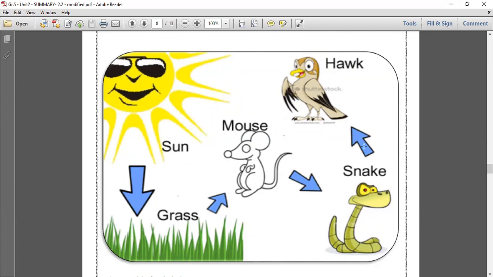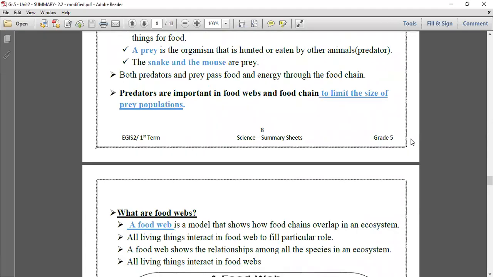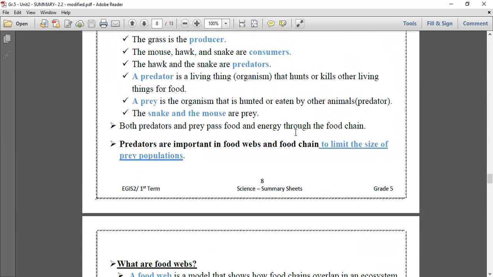But the presence of a hawk in this ecosystem helps in reducing the number of snakes to keep the number of snakes under control. This is what is meant by predators being important in food webs and food chains to limit the size of prey populations.